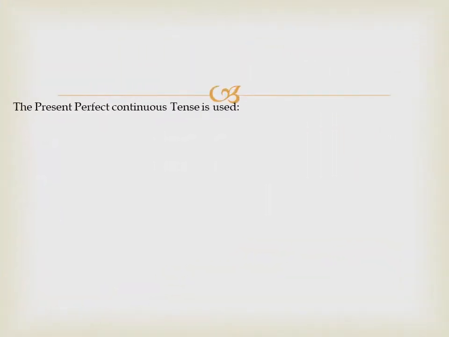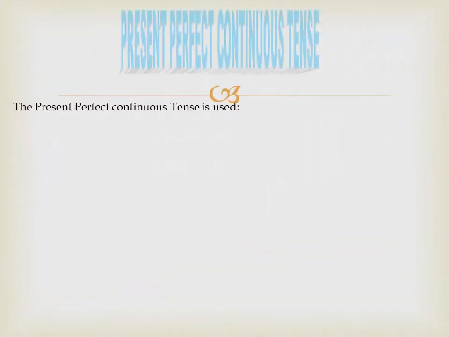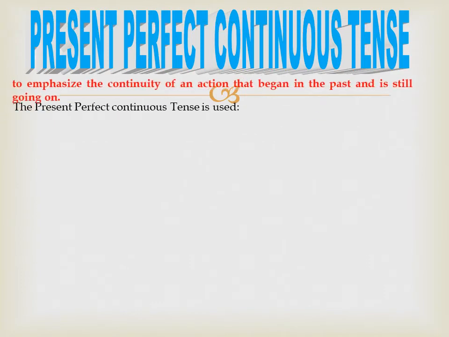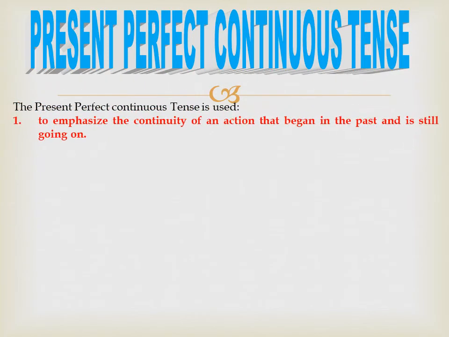Well, dear students, let's move on to the next tense, which is present perfect continuous tense. The present perfect continuous tense is used to emphasize the continuity of an action that began in the past and is still going on.